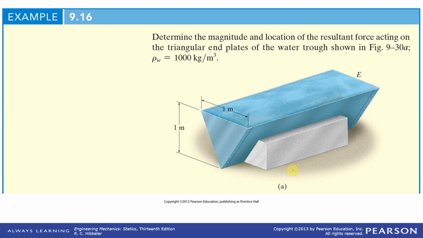Might as well write that down. Pressure equals rho g z, and now we're going to have to get the total force. We're going to have to integrate over the whole thing.